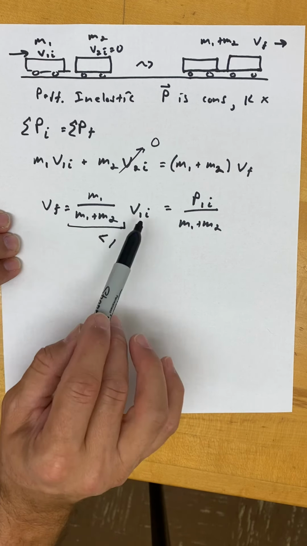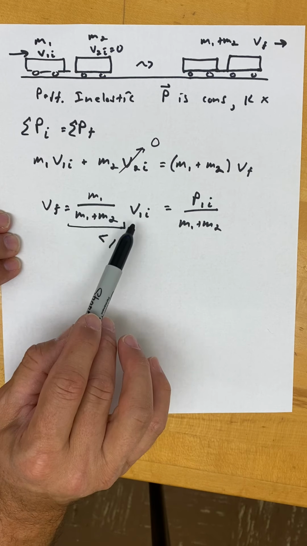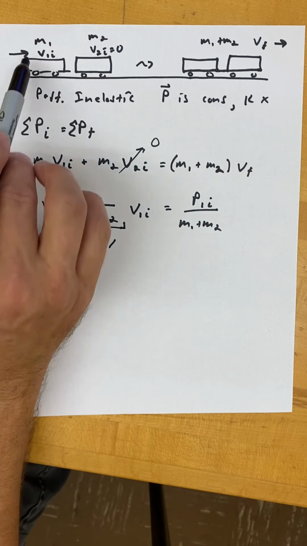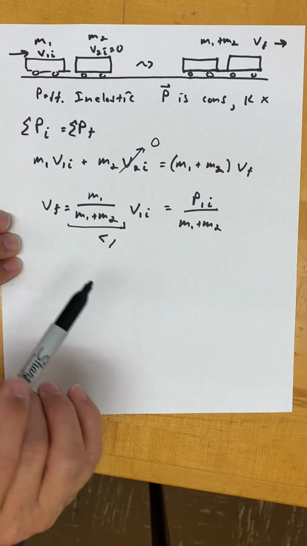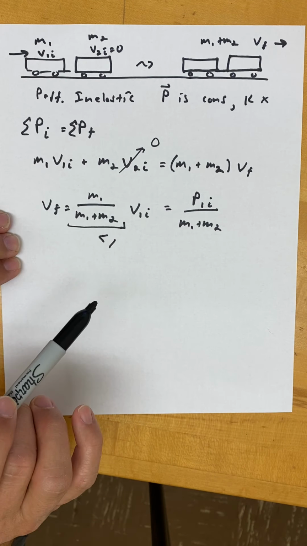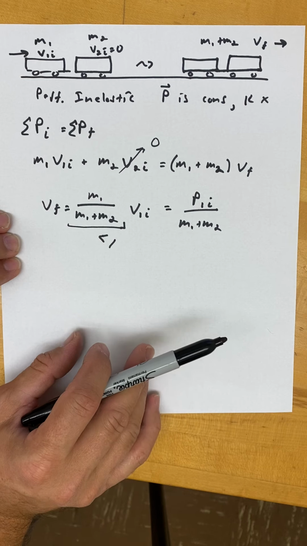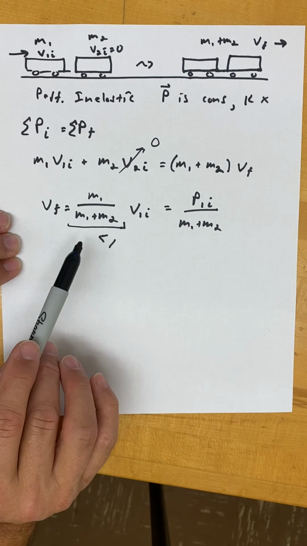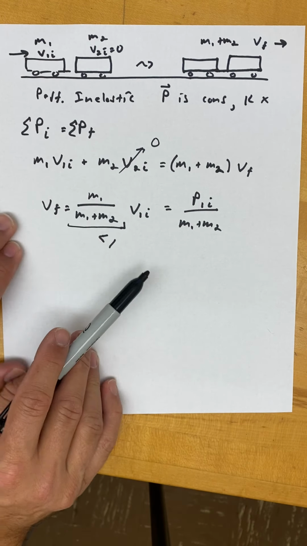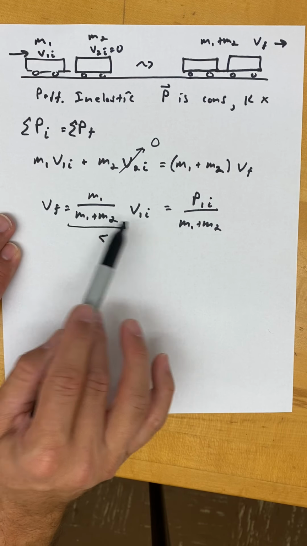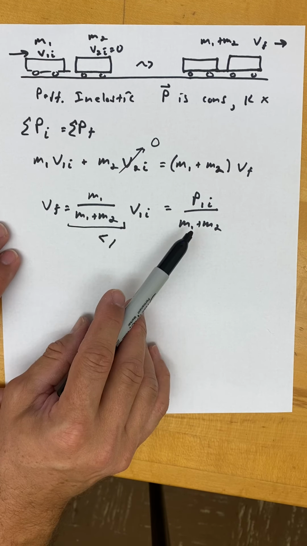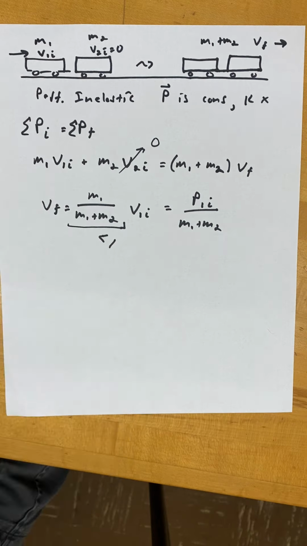So we've got this final velocity equal to this fraction of the initial velocity of the first one, which was the only one moving, and the ratio of the masses plays a role. I hope by this point in the semester we see that mass is pretty important. I hope this is not surprising. The ratio of the masses is going to determine the relative speeds of the initial and final states.